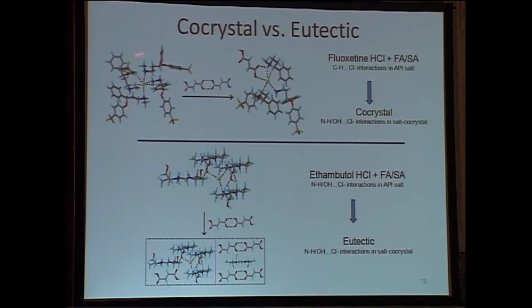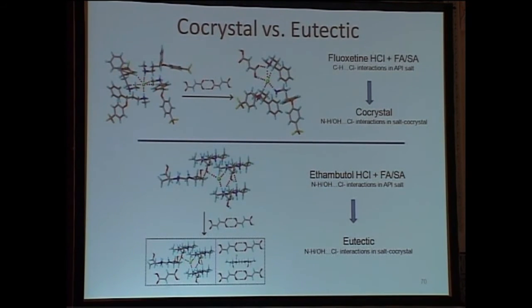This is fluoxetine hydrochloride, which is a well-known drug, and co-crystals of this have been made with FA, which stands for fumaric acid, and SA, which stands for succinic acid. Now, if you see here, all the interactions in fluoxetine hydrochloride are of two types. One is N-H···Cl⁻ and the other is C-H···Cl⁻, and they all flank the chloride ion.